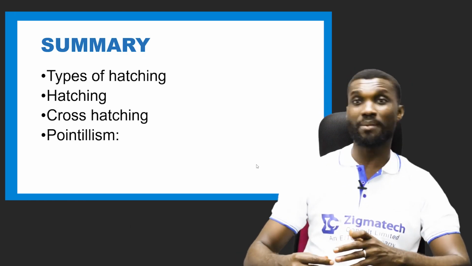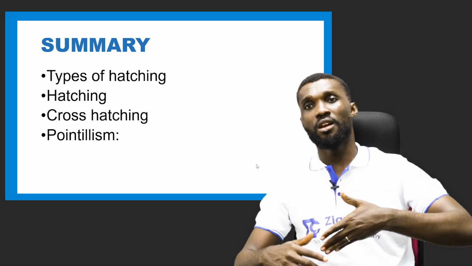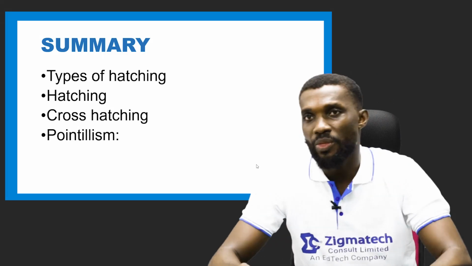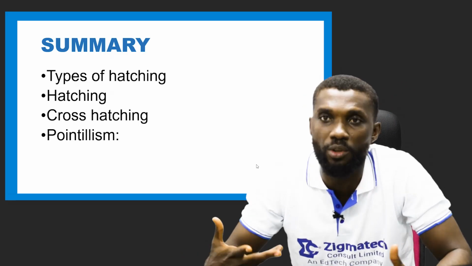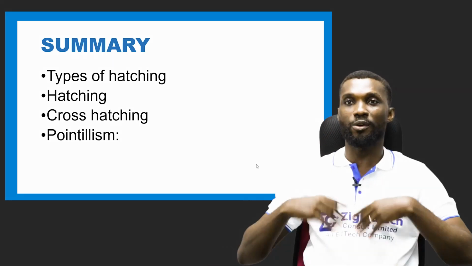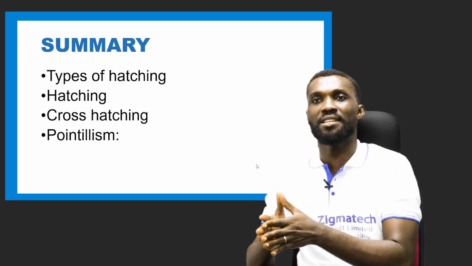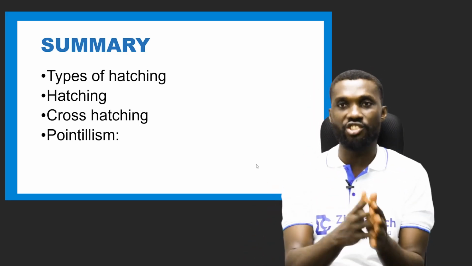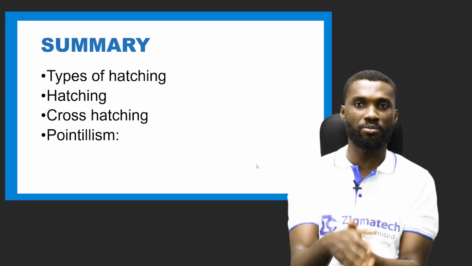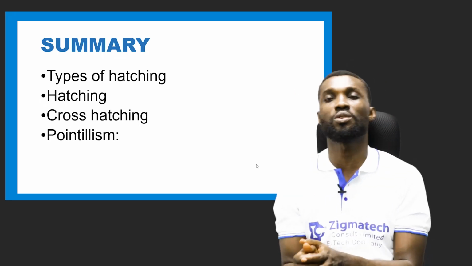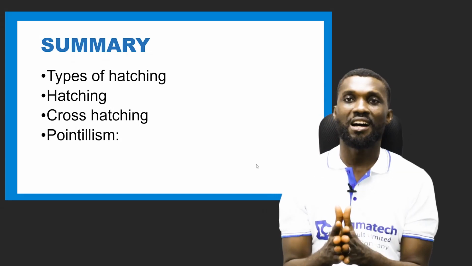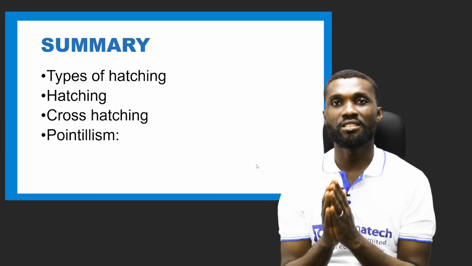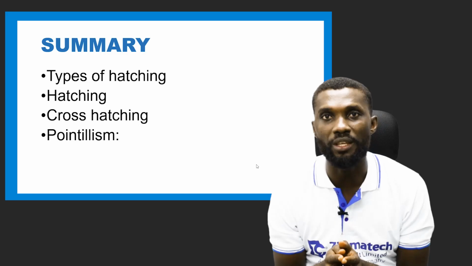Under the shading techniques, we talked about blurring, and I told you how you can use blurring, where you can use it, what you can use the blurring for, and what elements will go well for blurring, hatching, cross-hatching, pointillism, to mention but a few. In the course of this study today, we talked about pointillism, and then we also talked about scribbling. All those are the things we covered in this particular topic.